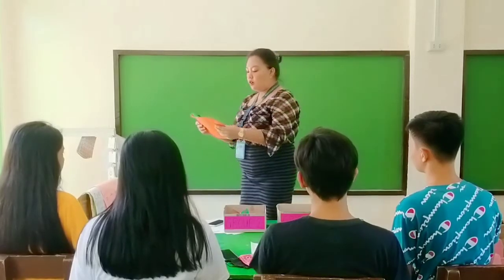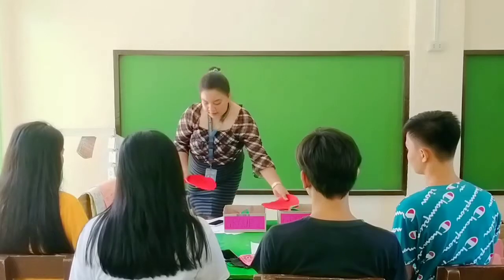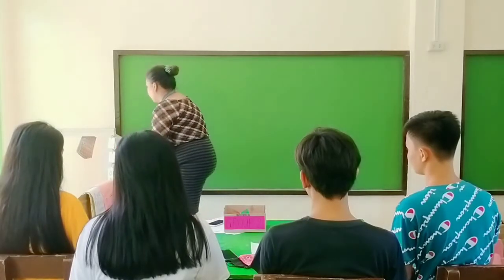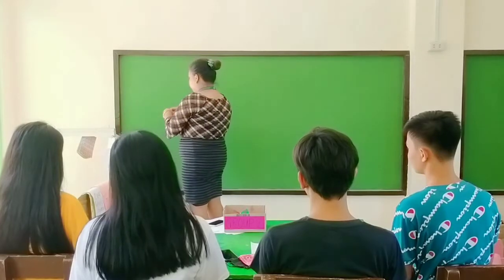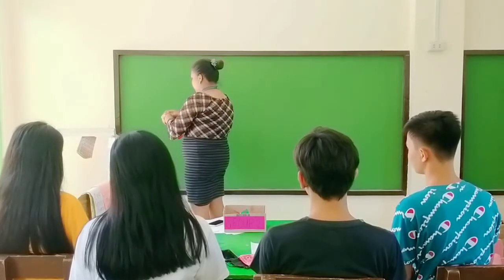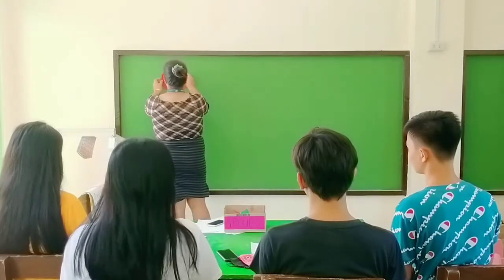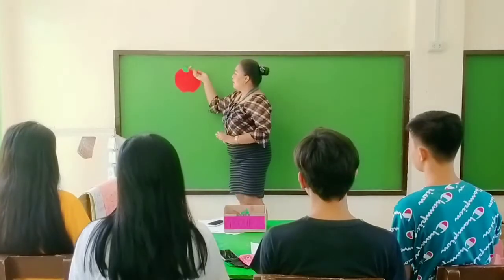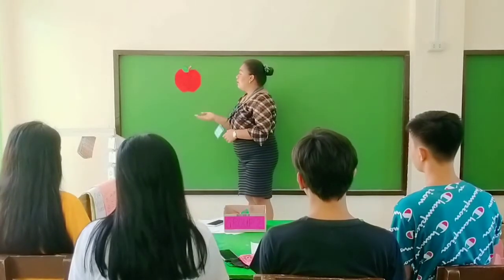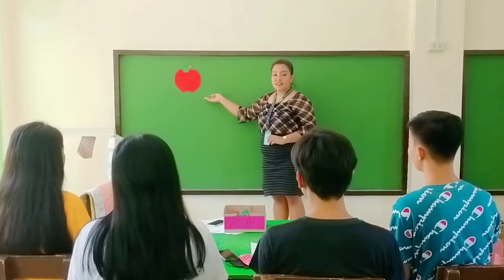Okay, so the first equation is this one. So the first equation is 5 times 3 equals 50.